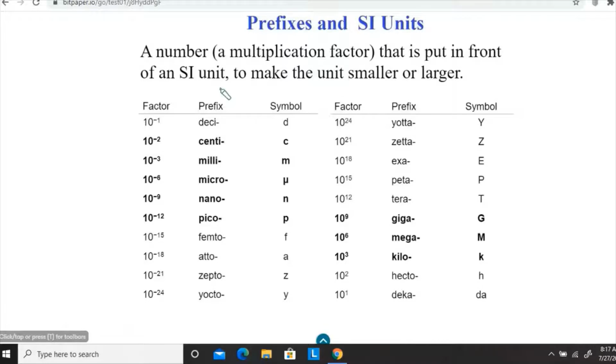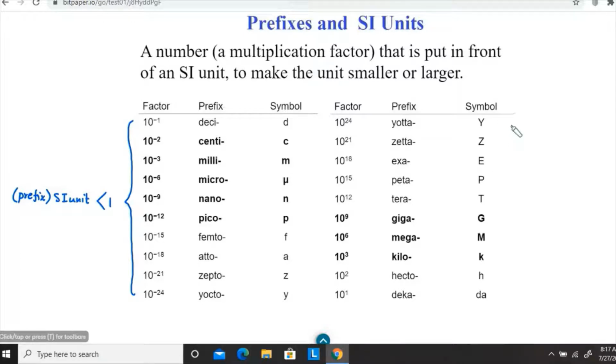Prefixes are numbers that you put in front of SI units to make them smaller or larger than 1. For example, on the left-hand side, you can see these prefixes. So if you put the prefix, you multiply the prefix by the SI unit, and then the result is less than 1.